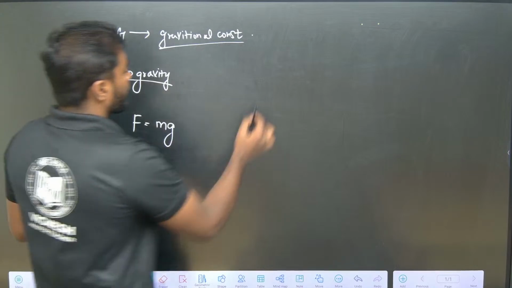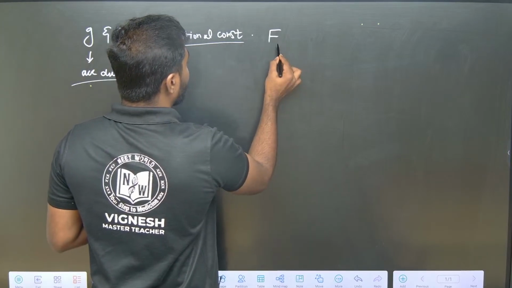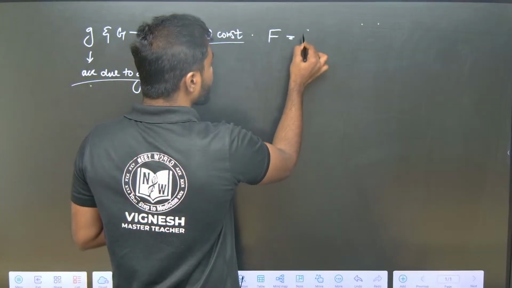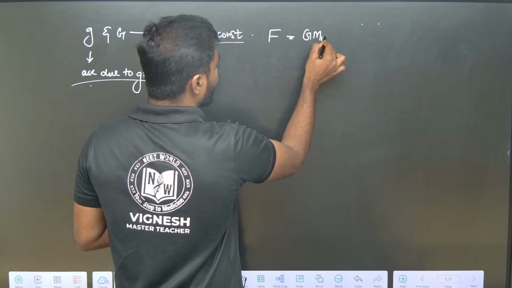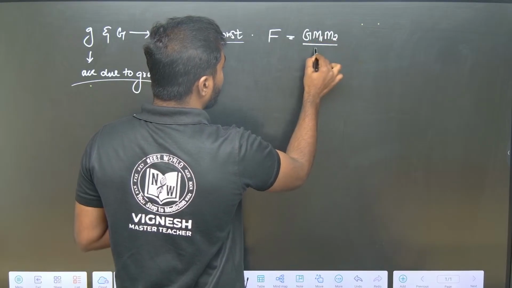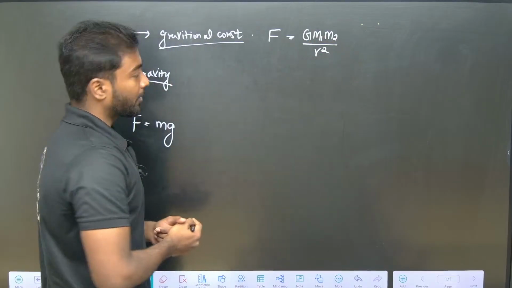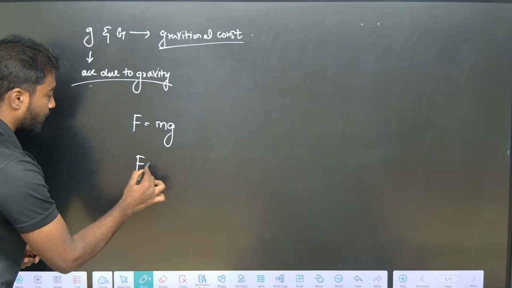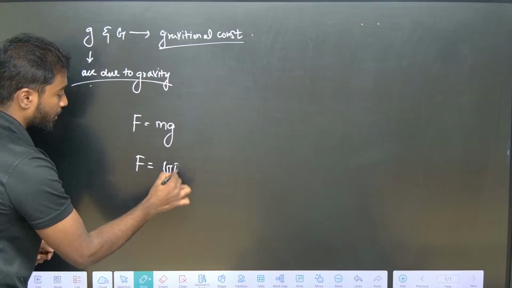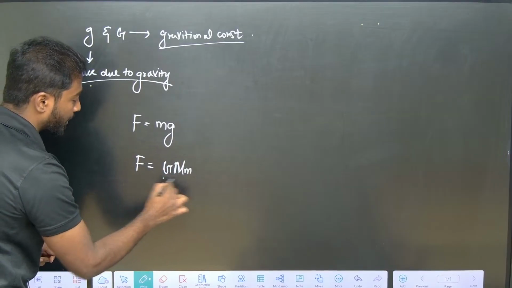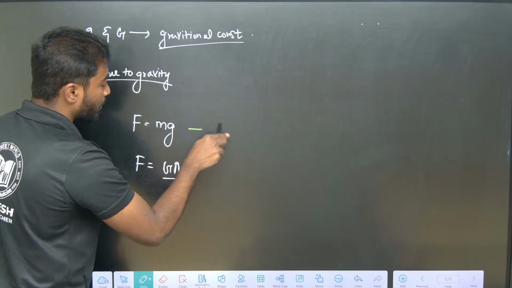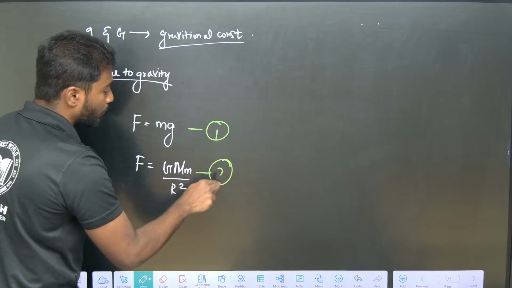And in the gravitation lesson we talked about one more force, F equals G m1 m2 by r squared. So I can write F equals G capital M small m by r squared. Let me consider these as equation 1 and equation 2.